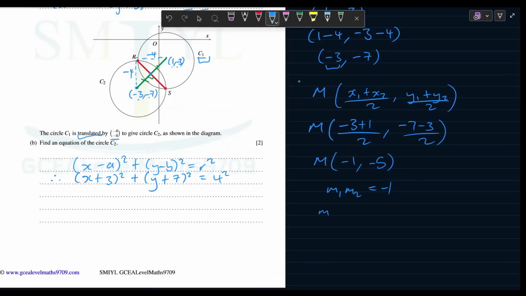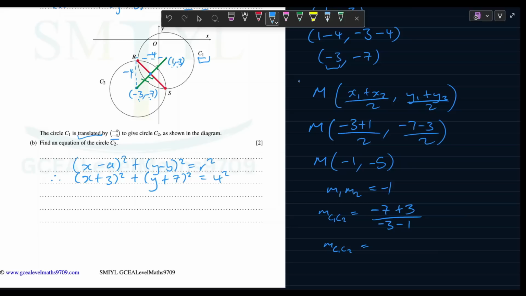So the gradient from the center C1 to center C2 is going to be equal to the change in y, -7 - (-3). Be careful with the negative signs there, over -3 - 1. Let's punch this into the calculator.